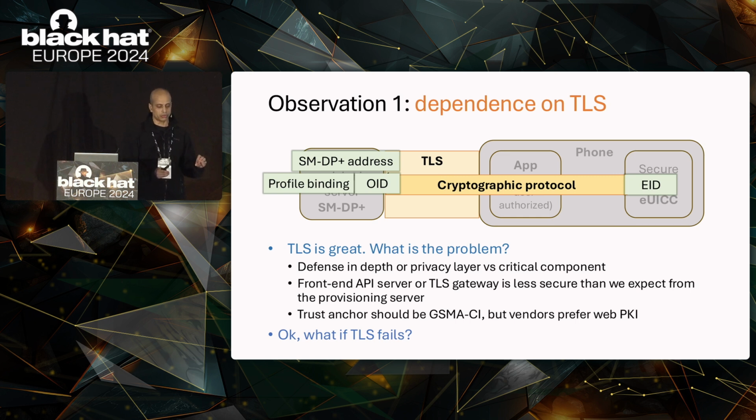Compared to the lower two, the profile binding and OID certificates and the keys related to those, which stay in FIPS certified hardware security modules. So from an attacker's perspective, he will go after the weakest spot. There is a possibility that the attacker will go after that TLS certificate. That's the easiest target. So now, bearing that in mind, let's look at two of the vulnerabilities we are going to discuss in the next few slides.